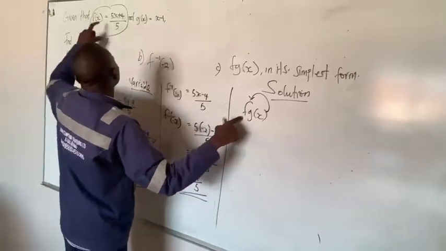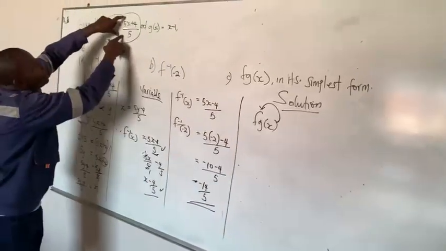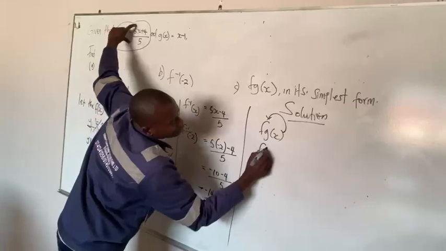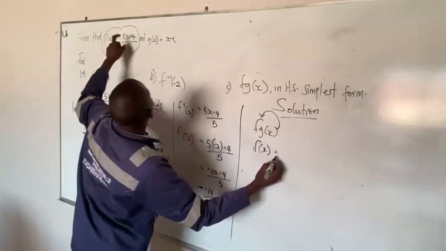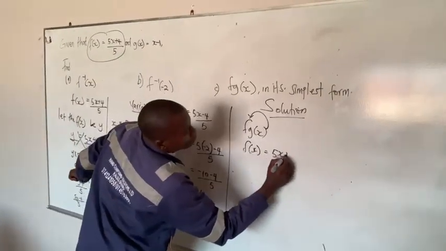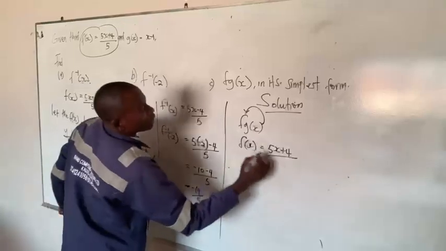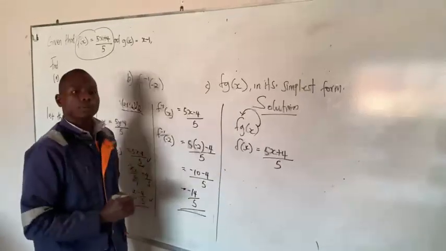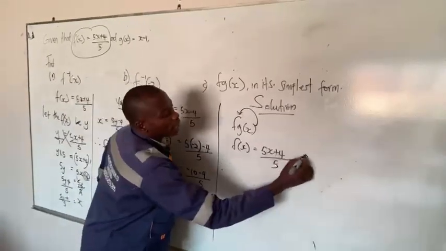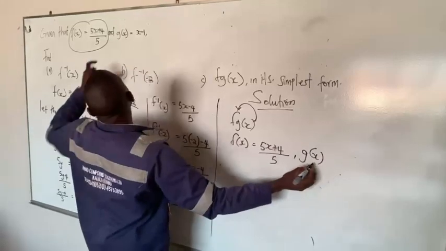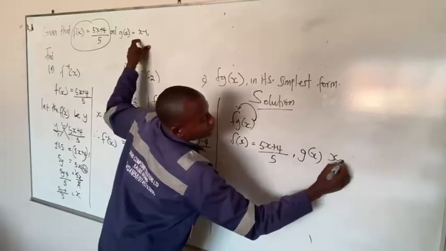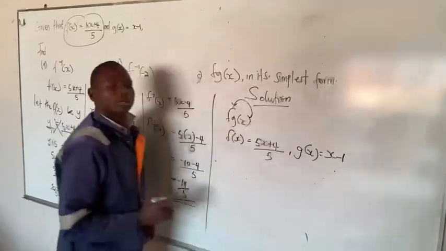My f(x) is (5x plus 4) over 5, and having g(x) as x minus 1.